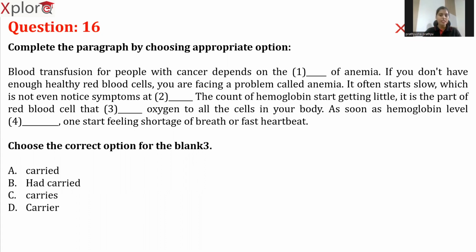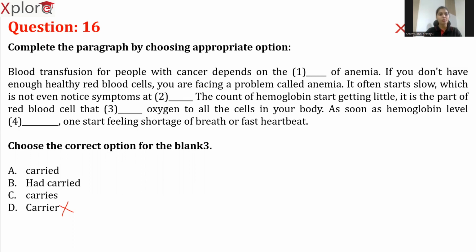So we can directly eliminate option D because we cannot say it is a part of red blood cell that carrier oxygen. No, it takes oxygen. It carries oxygen, that's what we wanted to say. Now, you have to eliminate option D because here we are not talking about a carrier. We are talking about an action which is done by red blood cells. What red blood cells do?